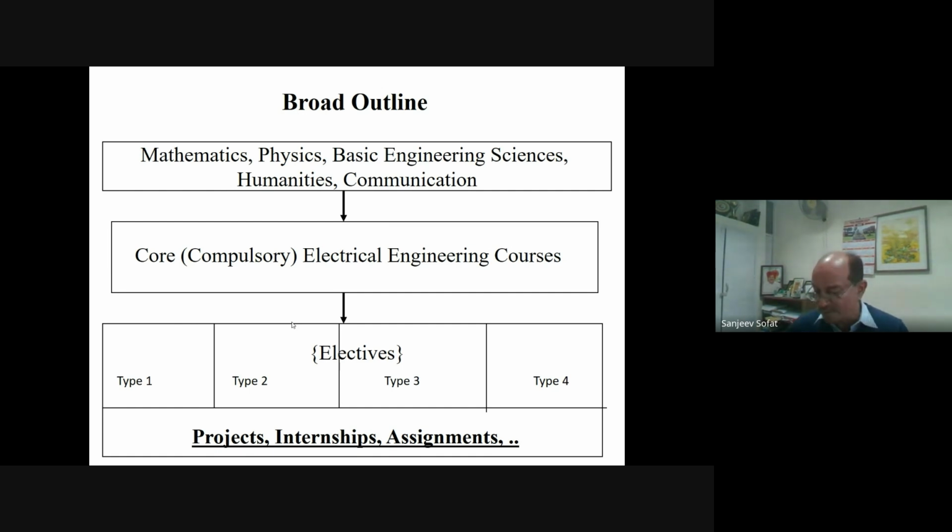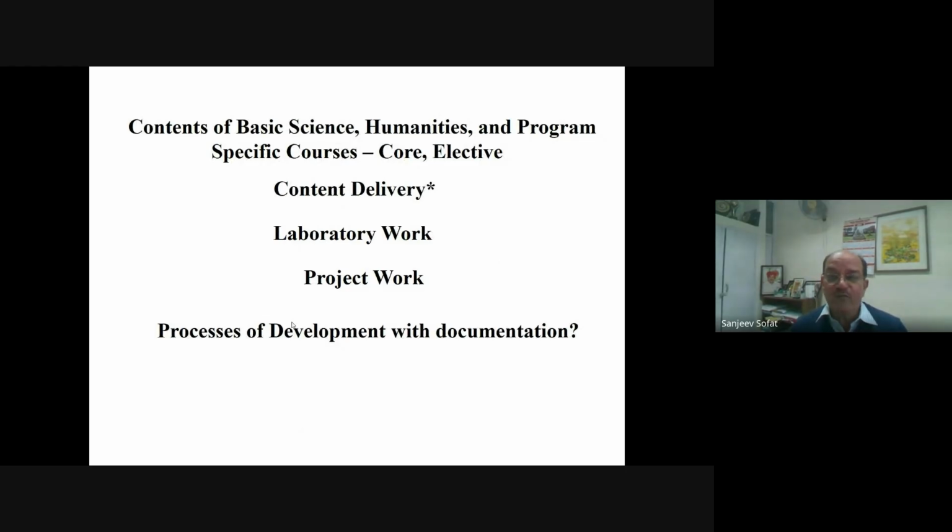So this is a broader outline as far as the curriculum is concerned. Now, what sort of courses should be there? What sort of delivery mechanism? We have to think about what sort of lab work and project work there is. All these are important as far as the courses are concerned. How exactly the courses are to be delivered, and what sort of lab work and project work has to be there for a program.